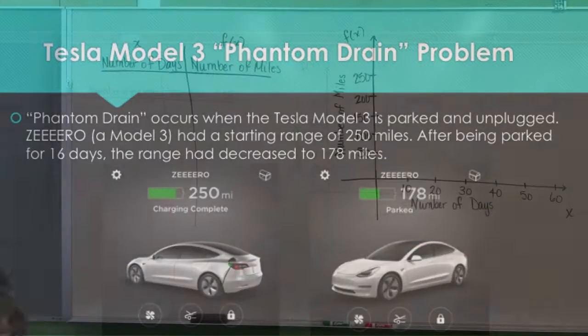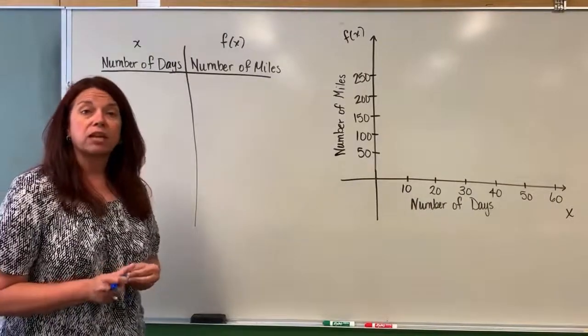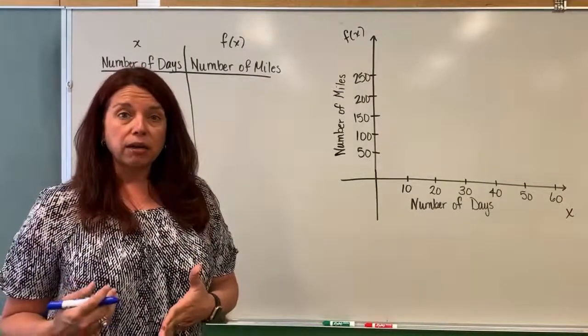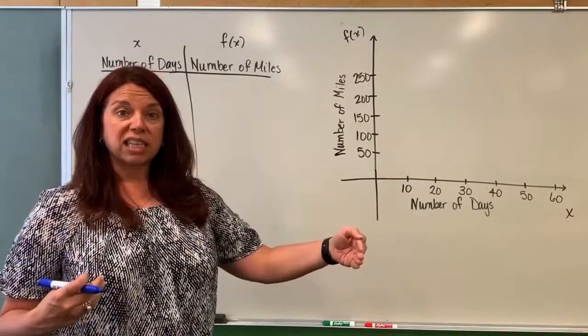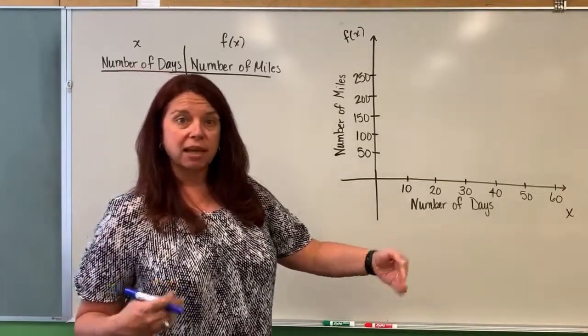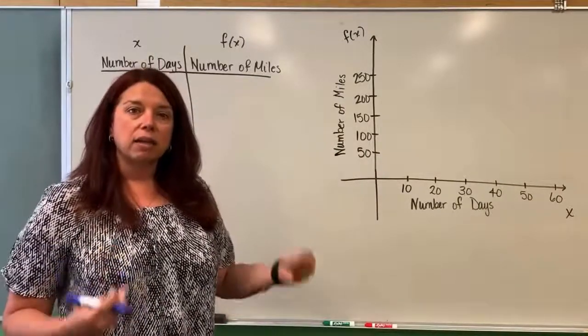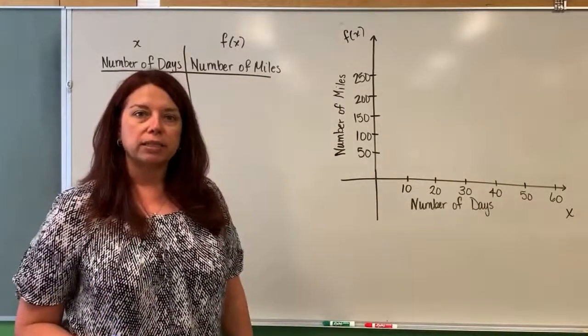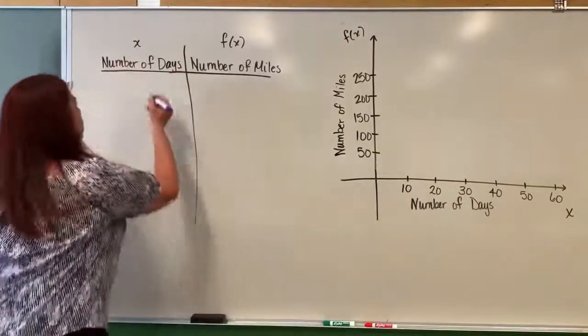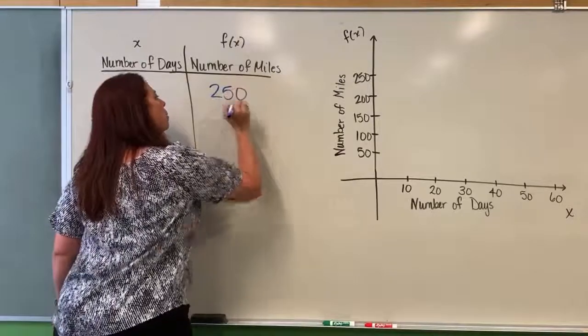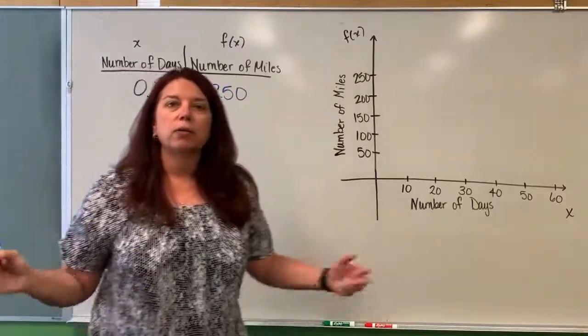So what we're going to do is take a look at these values and figure out what is going on between the beginning part from 0 days to 16 days for this particular task. We're very curious to know how this constant amount is changing as we progress in days. According to the problem, at 0 days the Model 3 has a 250 mile range.